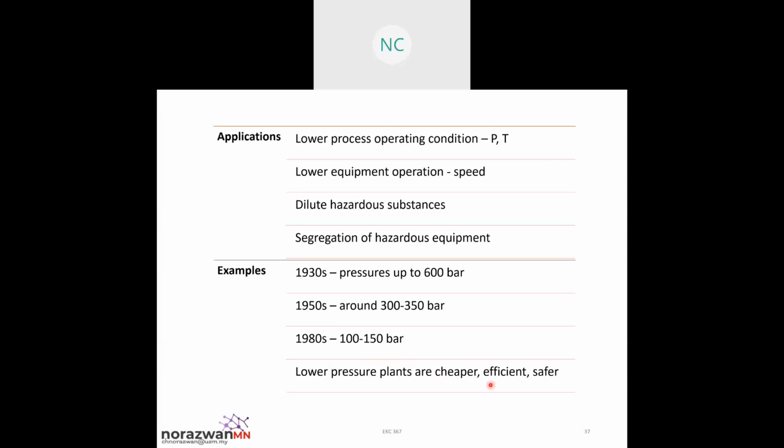Okay, maybe towards 2020 and above, the pressure has already been reduced to below 100 bar. That's when we introduce many types of catalysts and so on to speed up our process.